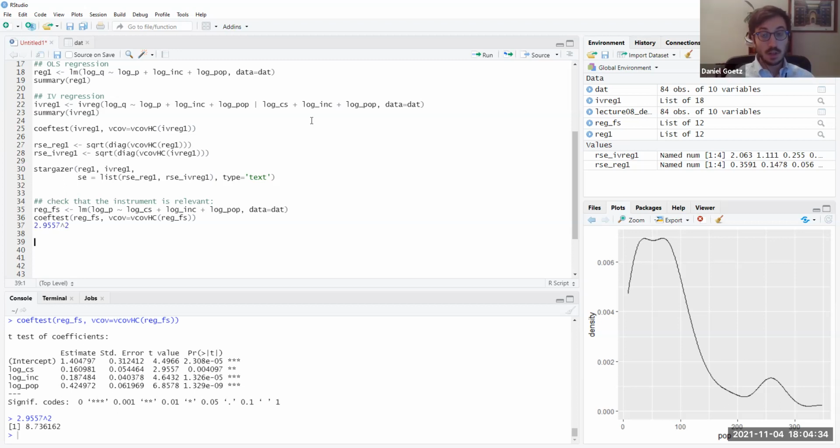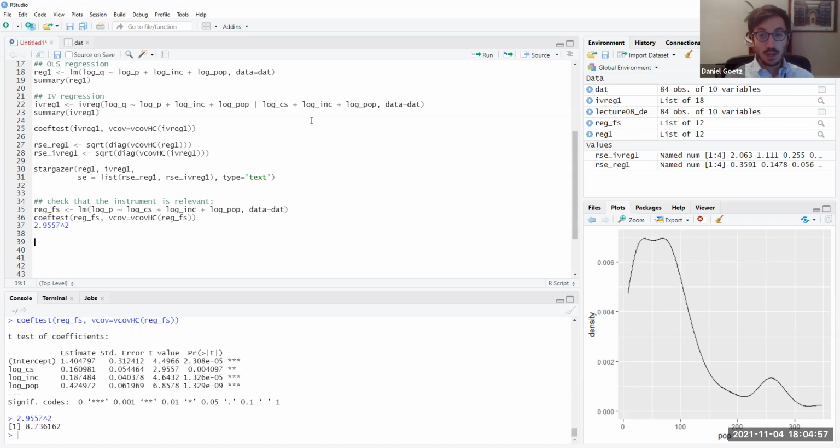If we really think that our data is going against that fundamental relationship for the demand curve, that's fine. We should just have very, very strong proof. And this is not strong proof. This is kind of a marginal, we marginally fail to reject that our log CS instrument is relevant enough, right?